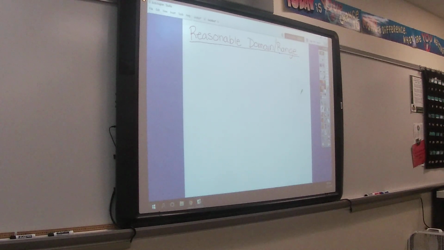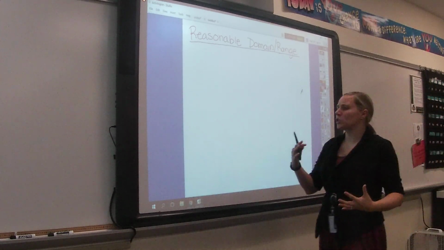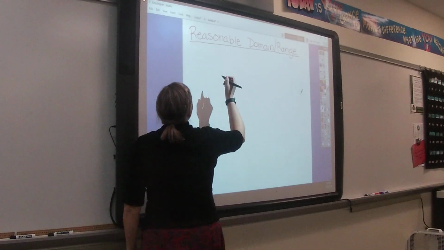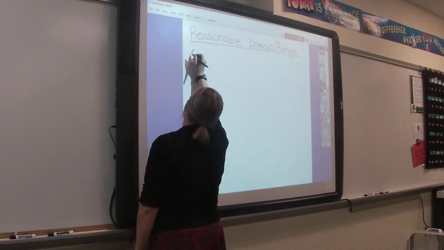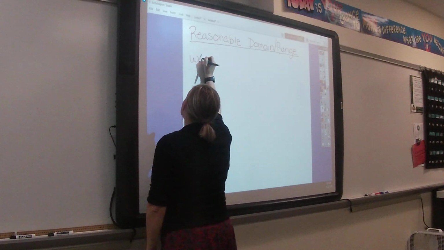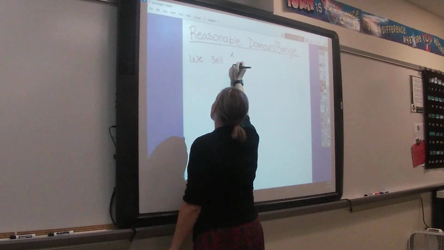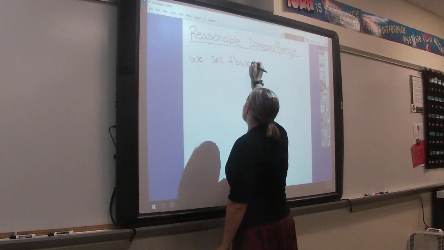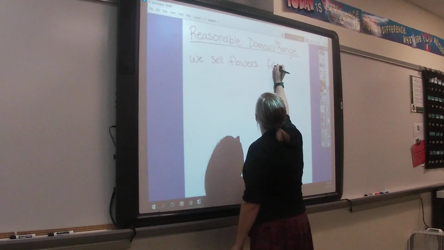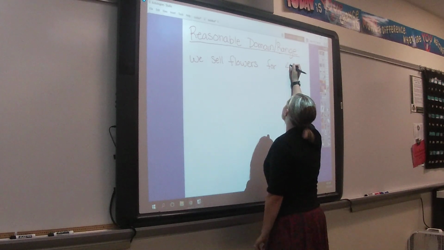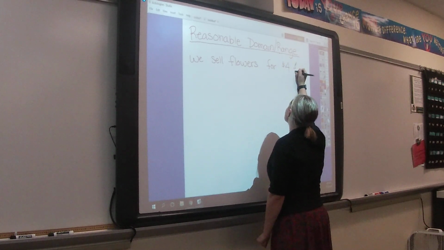So for example, let's go back to that problem that we've been talking about at multiple points, saying we are going to sell flowers. I forget the exact value, but let's say for $4 each.